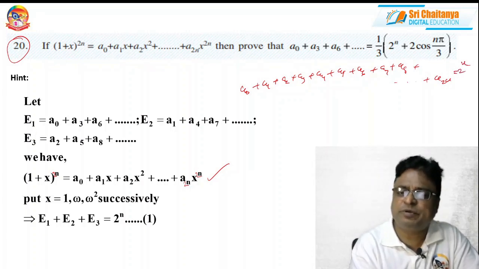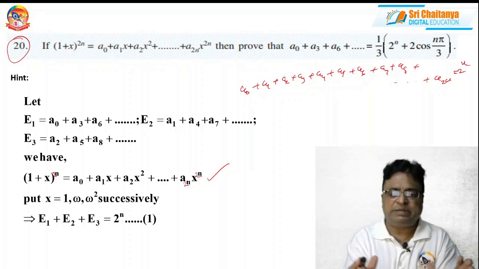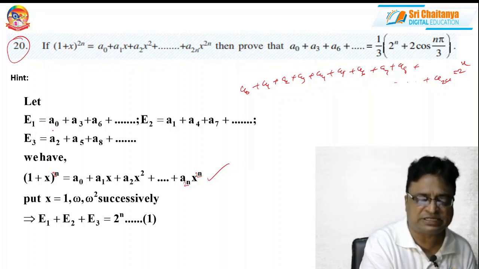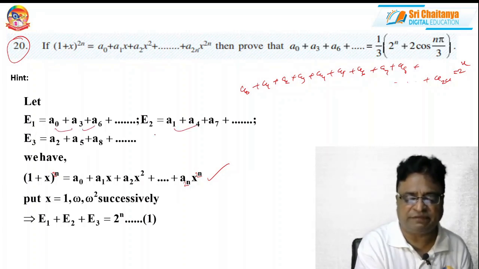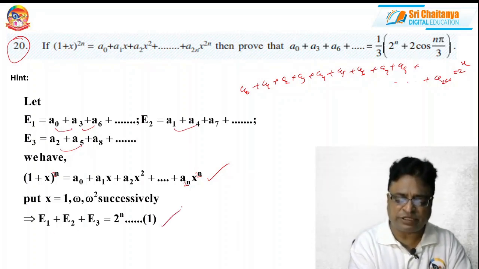So if I have separated the terms A0, A3, A6 in one batch, there is a difference of 3. See the difference? 3 difference. So E1 plus E2 plus E3 equal to 2 power n. You call it equation number 1.